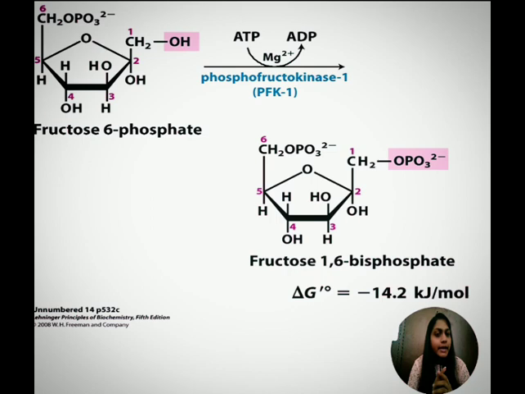Again here the enzyme used is phosphofructokinase 1. Why 1? PFK1, because PFK2, the same isoform, is used elsewhere, right? We'll be discussing it later in the subsequent lectures. So phosphofructokinase converts fructose 6-phosphate to fructose 1,6-bisphosphate.